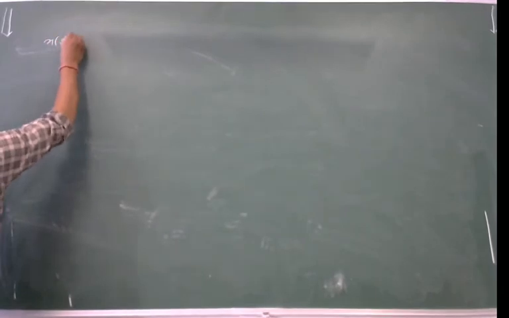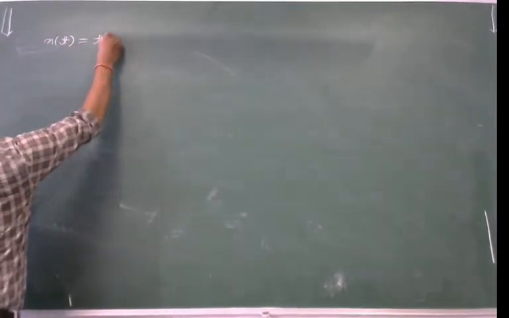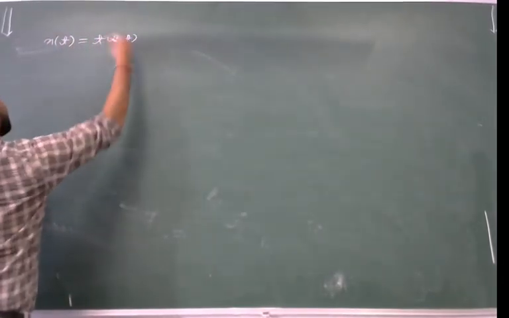Suppose the first example says that we have to get the Laplace transform of x(t) equal to t u(t).